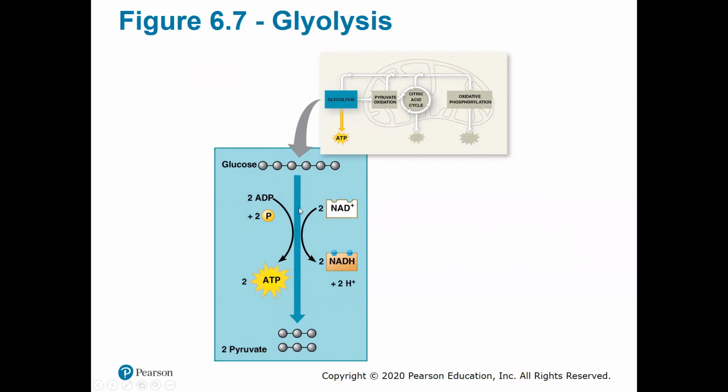And through a series of chemical reactions, ADP is going to gain some phosphorus, which will create ATP. And then NAD plus will gain some hydrogens and create NADH. So you're going from 6 carbon glucose to 2 3 carbon pyruvates.